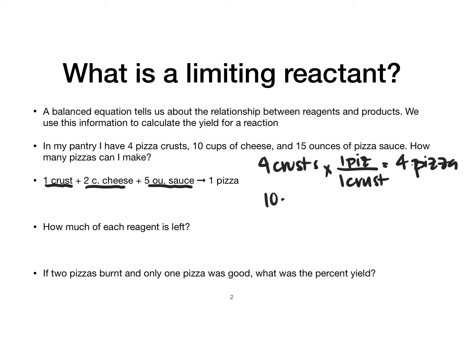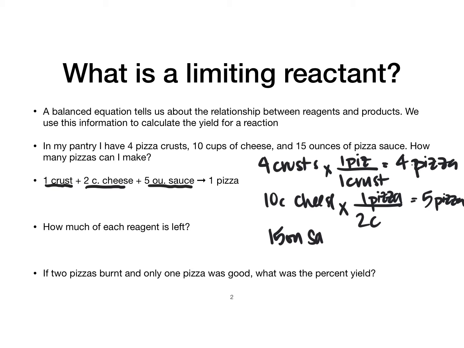So for 10 cups of cheese, we're going to divide that by 2 cups for 1 pizza, and that gives you 5 pizzas. So let's look at the sauce. So for 15 ounces of sauce, it takes 5 ounces for 1 pizza, and that's going to give you 3 pizzas.